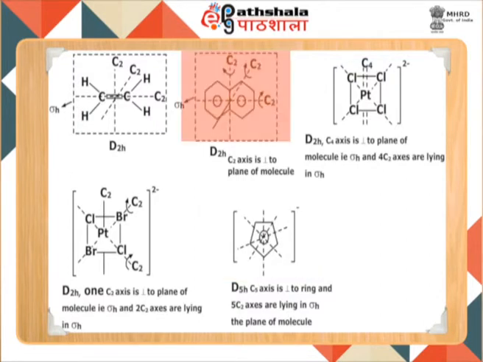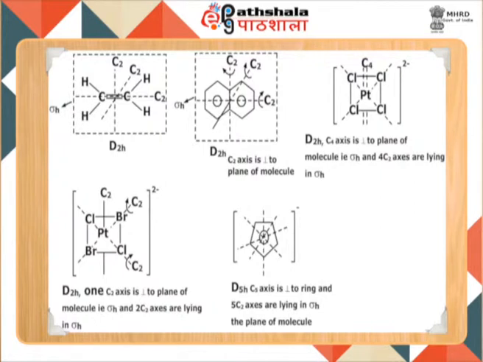For naphthalene, let us take this example of naphthalene over here. This molecule which I am handling over here is at my palm. So, this, my palm, is the plane of the molecule, and this molecule has a C2 axis like this, that is bisecting the bonds, and another is along this, and third will be perpendicular to this.